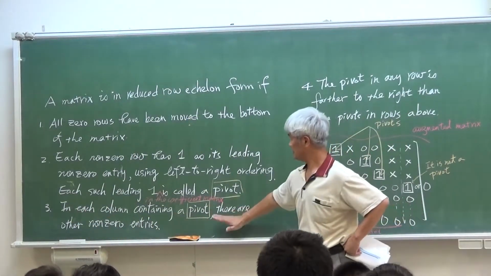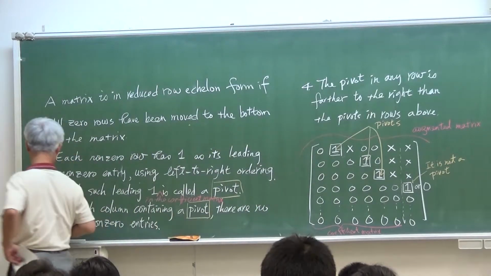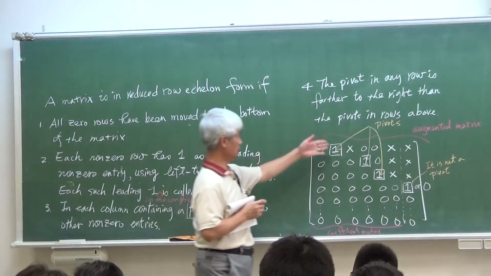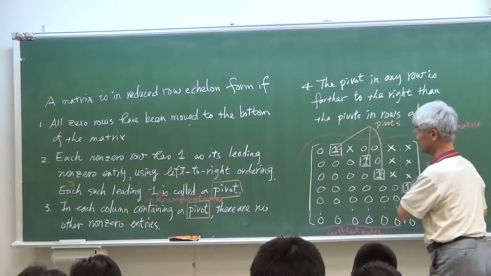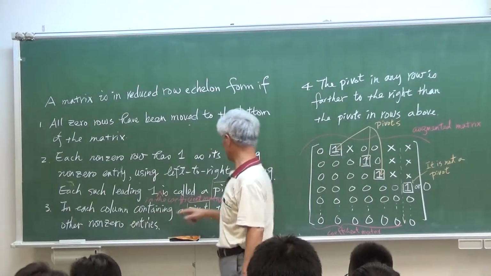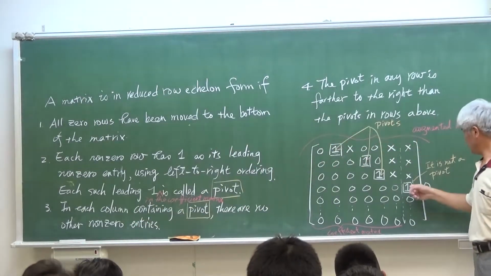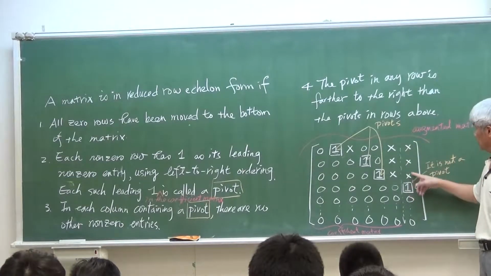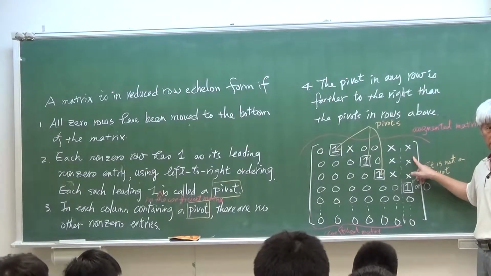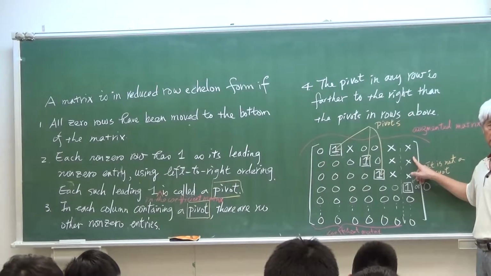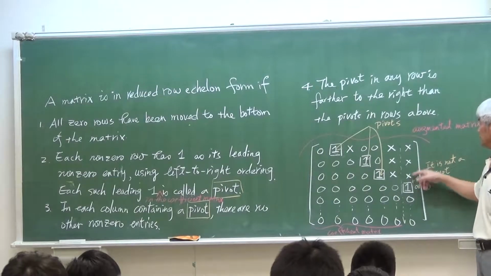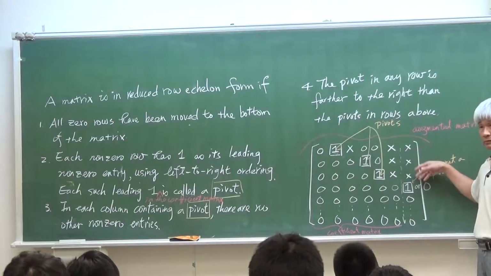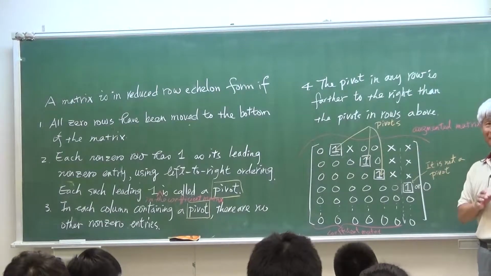And so the third point is true because in each column containing a pivot, these three are pivots, and there are no other non-zero entries. But for this non-zero entry here, the column corresponding to this one may have non-zero values, because we will not do elimination for the right-hand vector. It's very important.